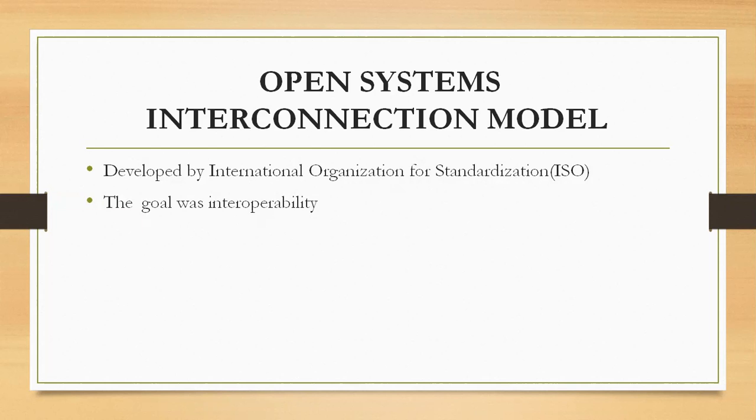So the world started looking at how they could solve that problem, such that network devices can interoperate regardless of who made them. And that was what gave birth to the Open System Interconnection model, or the OSI model.